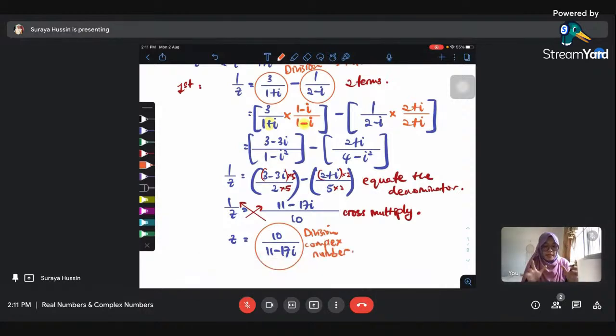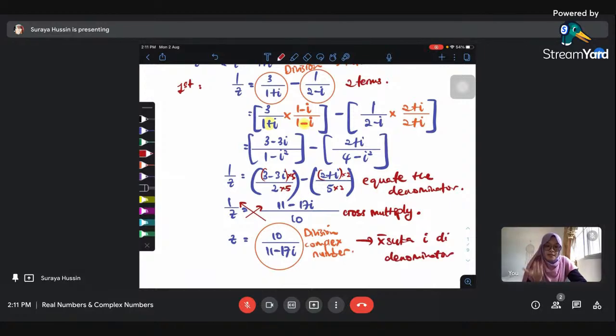Ini adalah yang kita panggil sebagai division complex number. So we do not want it. When you ever come across this i di bawah, kita panggil dia division lah sebab complex numbernya berada di bawah. Jadi kita tak suka i di denominator. We don't like it.